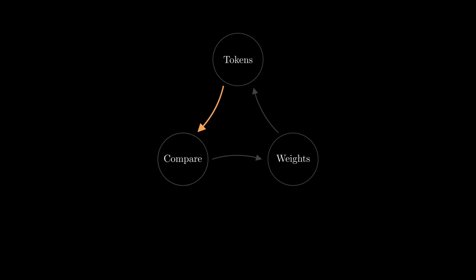It did not memorize your sentence. The meaning of your question points strongly in that direction. And this entire process, breaking into tokens, comparing words, assigning weights, happens for every single word. Every time the model generates a response.